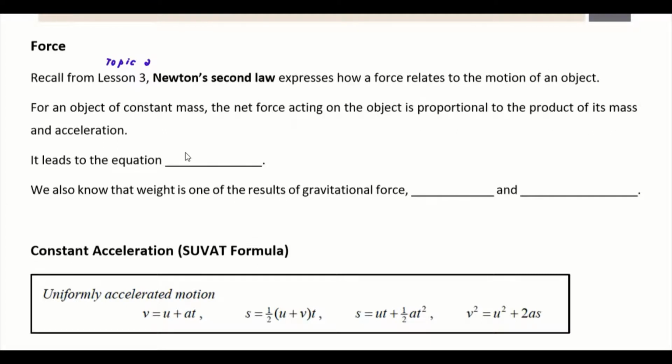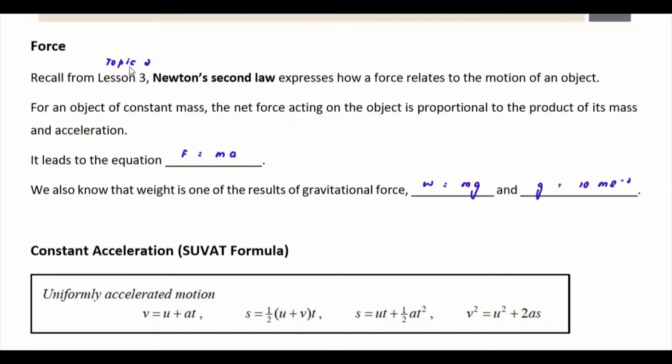From there, we have a formula that tells us that force is equal to mass multiplied by acceleration, which is F equal to ma. One of the applications of force is actually weight. So that's why we have W equals mg as well, where g is equal to 10 meters per second squared. I hope that by this time you should be quite familiar with this already. If you still have any problem with this, then please go and do some revision on topic 2 lesson 3.